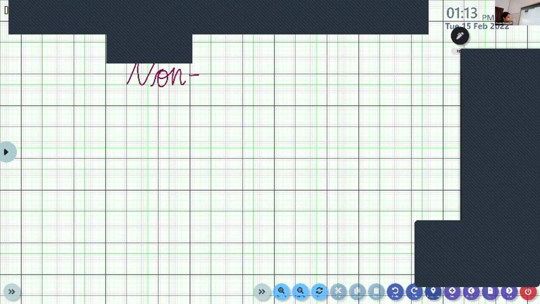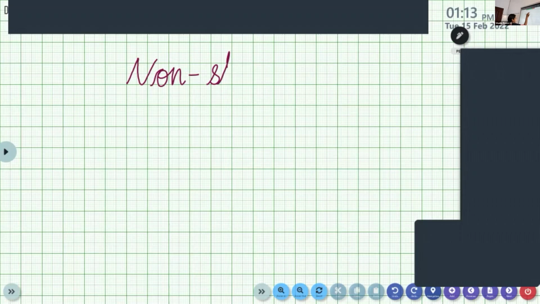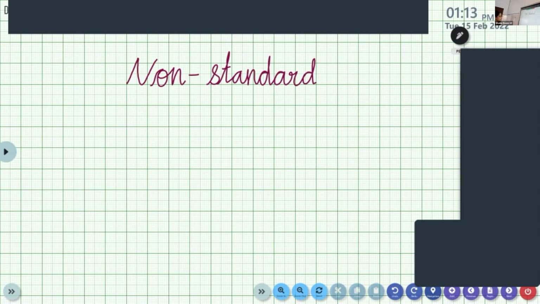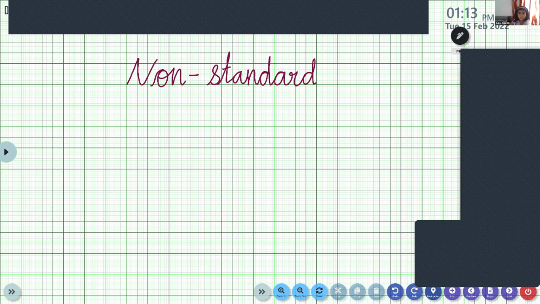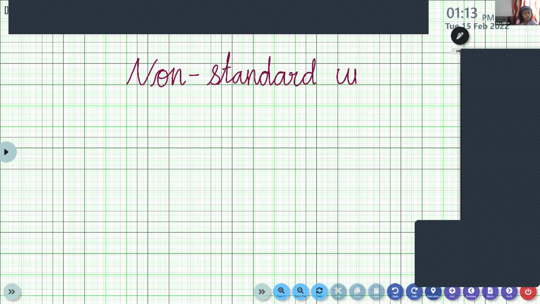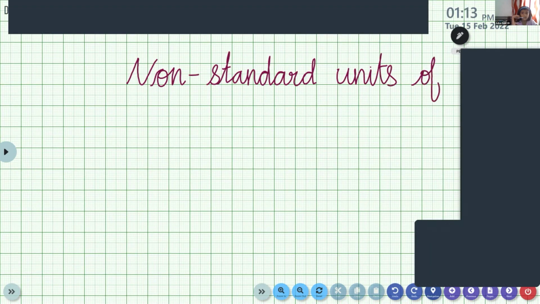Then you can write standard, S-T-A-N-D-A-R-D. Then units of measurement.